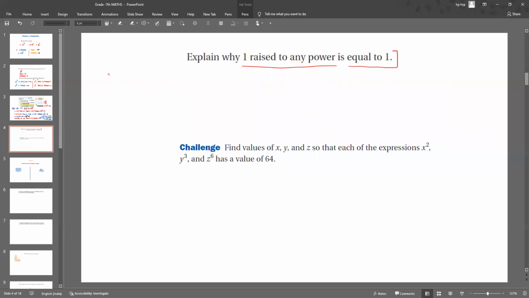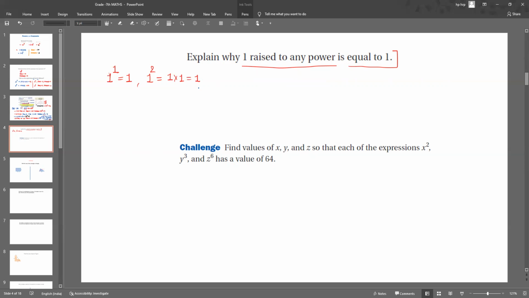If we take a simple example, 1 raised to 1 is 1. But if I take 1 square, what do we have? You would still have 1, because 1 times 1 is always 1. Why does this happen? Because 1 multiplied by itself gives the same result.